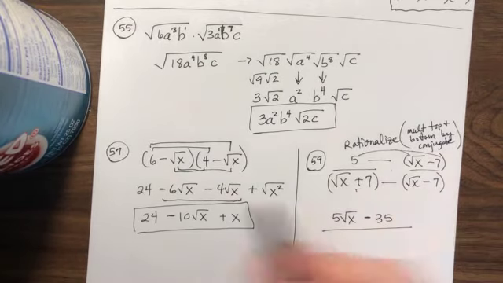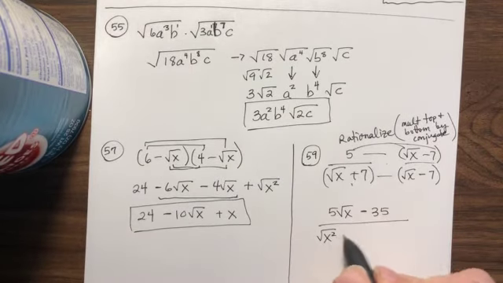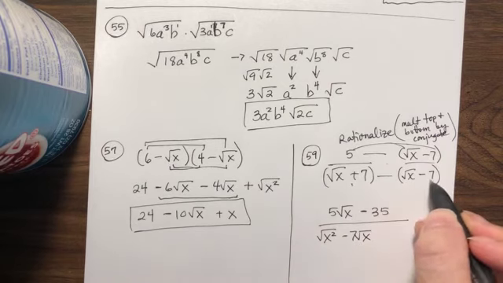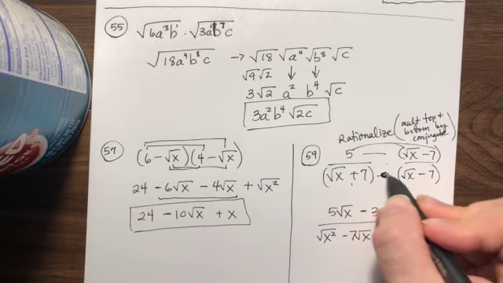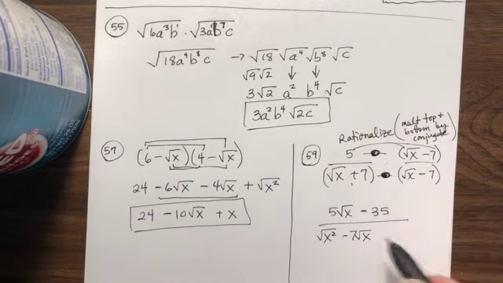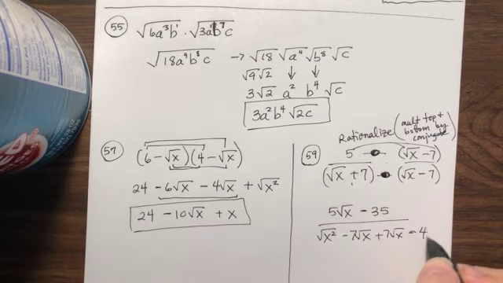And then in the bottom, we're going to FOIL like we just did. So square root of x times square root of x is square root of x squared. Negative 7 square roots of x, which you get for outside. Positive, sorry, this looks like a minus sign. I should probably put a dot or something. Positive 7 square roots of x for inside, and then minus 49 for last.